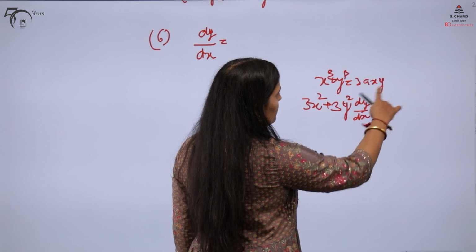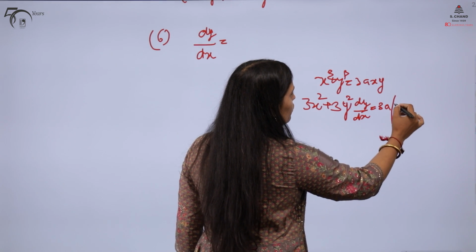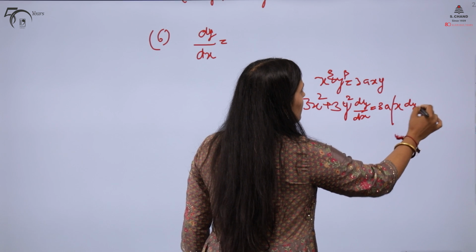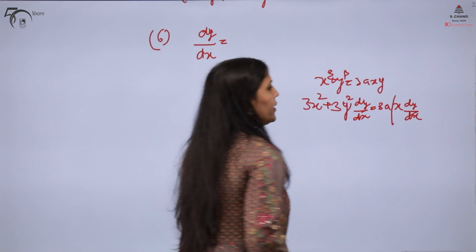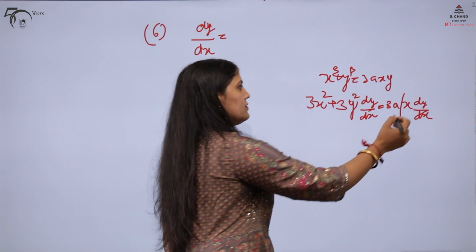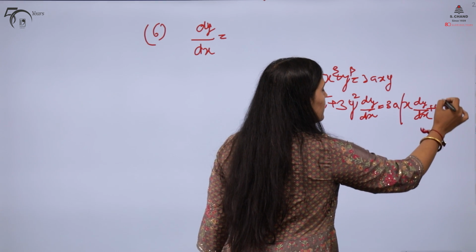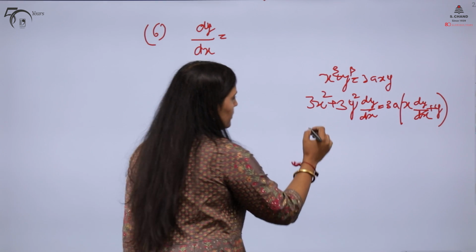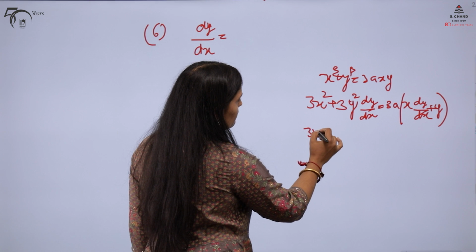Here you will be applying the product rule, and the product rule says first same, derivative of second, then second same, derivative of first. Collect the coefficients of dy by dx on one side.